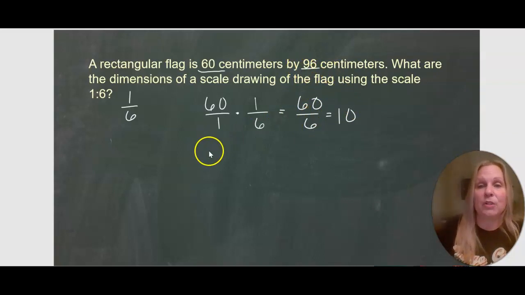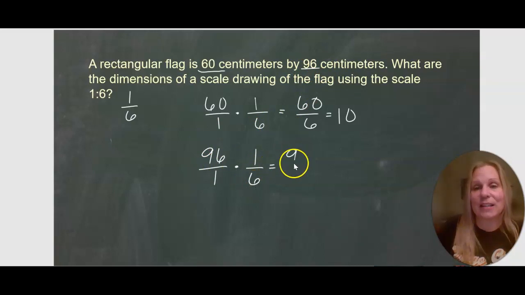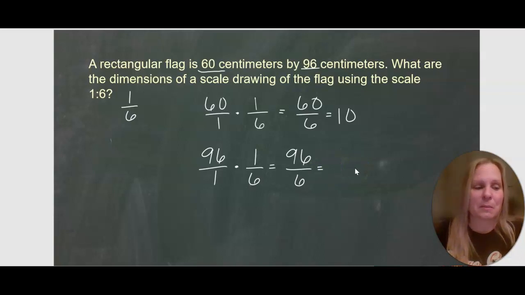And then I've got my original dimension of 96 times 1/6. That's going to give me 96 over 6, which is, what is that? 96 divided by 6 is 16.